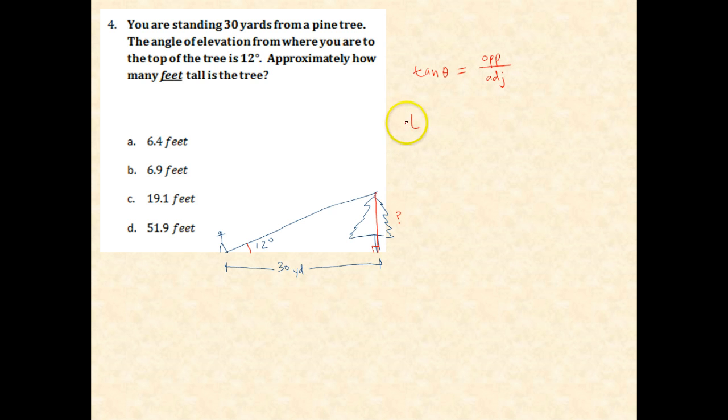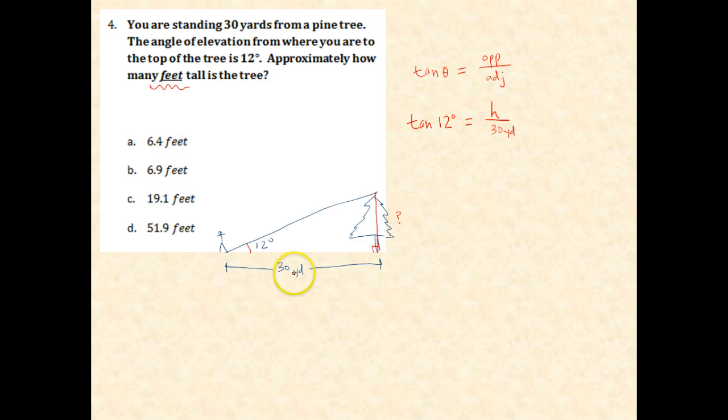So in this case, the tangent of 12 degrees is going to be the opposite side, which is the height of the tree. So I'll just call that h for height, over the adjacent side, which is 30 yards. It's asking how many feet tall is the tree.